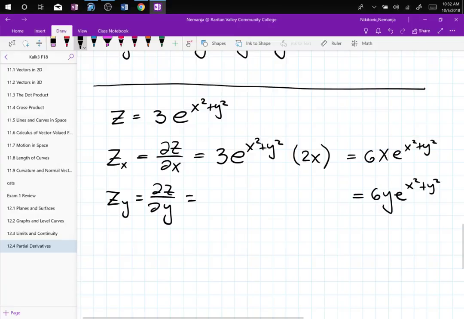You know that the function is symmetric if when you swap x with y, you get the same function. So for each x you put y, for each y you put x. And if the function is still the same, then that's a symmetric function. Immediately that means that when you take the partial derivatives, partial derivative in x and partial derivative in y will be the same as you swap all x's with y's.